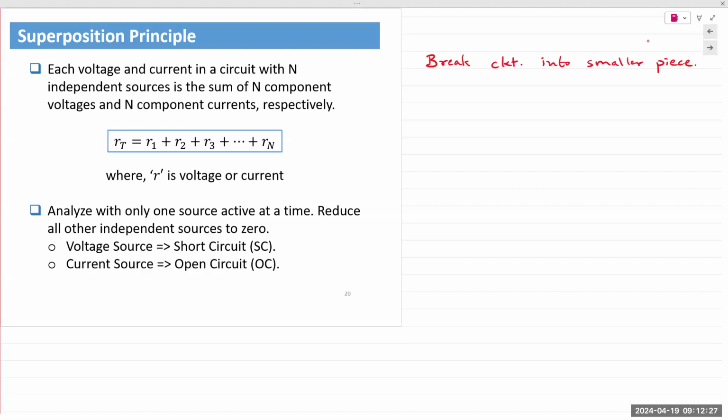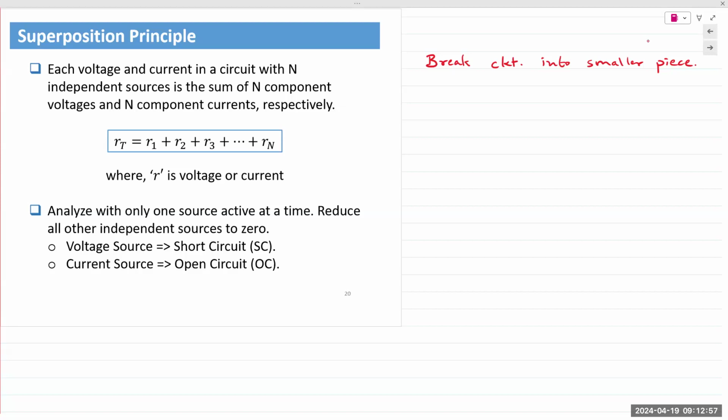So basically, when you have multiple sources in a circuit, let's say, for example, there's one voltage source and one current source. And let's say there are four resistors in the circuit, R1, R2, R3, R4. If both the sources are on at the same time, then the voltage that appears in the circuit and the current that flows through those resistors is a result of both of those sources working together.